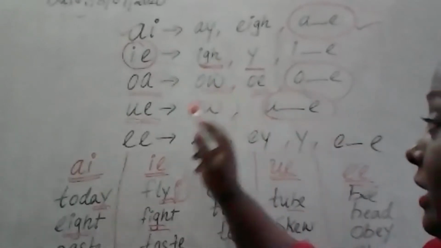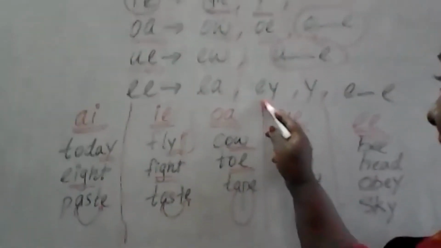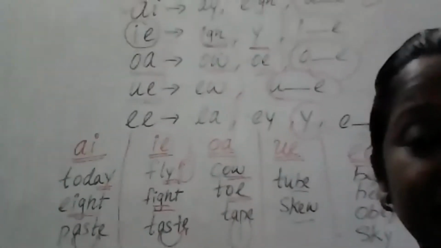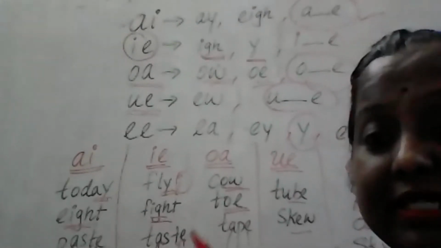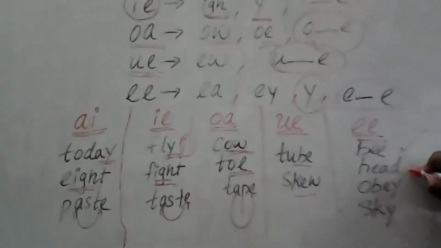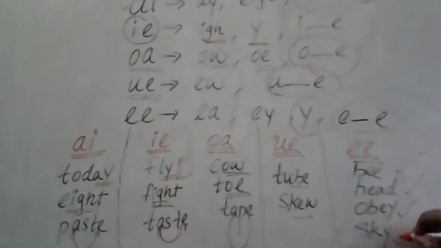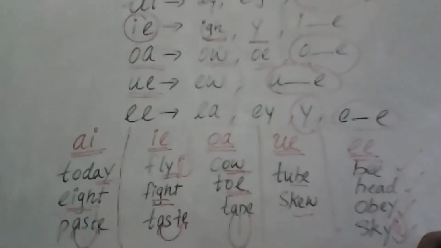And the fourth one is E. As I already told you, whenever the Y comes at the end, it makes the sound I or E. Now here it is making the sound of E. And here magic again. Here what is the alternative? Here you see B, head, obey, sky. Here this I sound comes.